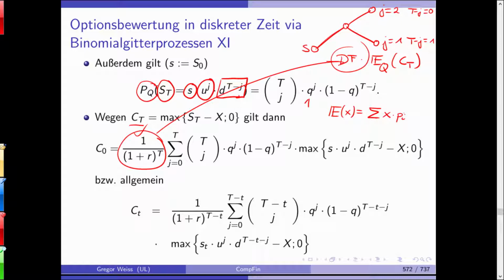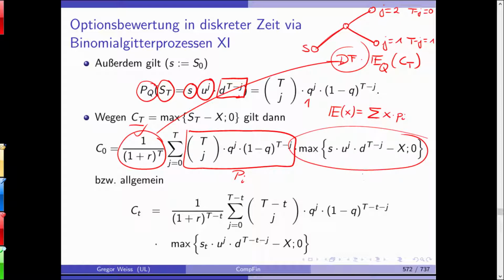And this here is the probability, and this here is the x. So you're summing up those probabilities, which we've seen here, and these are the payouts. We are not writing CT, but remember, we start at S and go up j times, and we go down t minus j times.